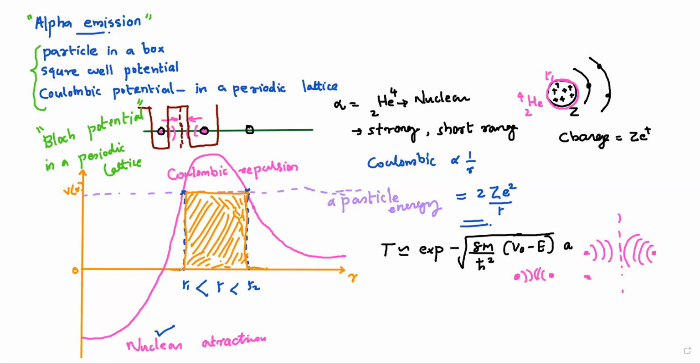So let's consider this point V, the potential, is the maximal limit. Then the transmission coefficient T due to this nuclear attraction and Coulombic repulsion is approximately equal to exponential minus decay of this, with 8m by h square, where m is the mass of our alpha particle.